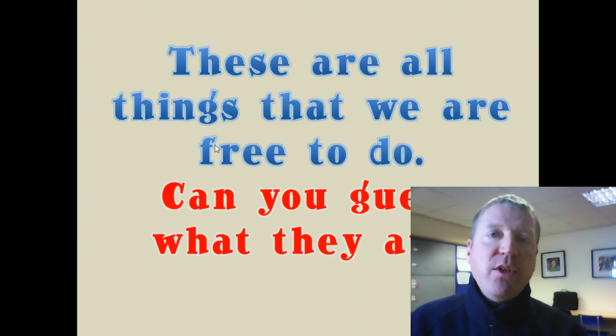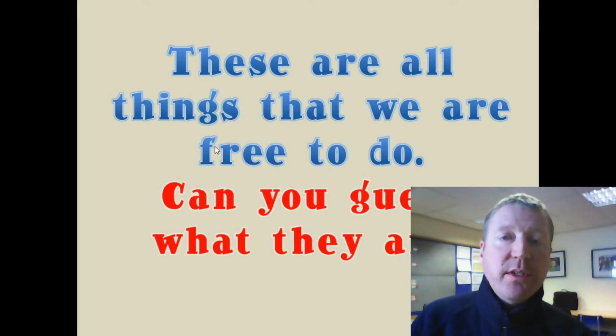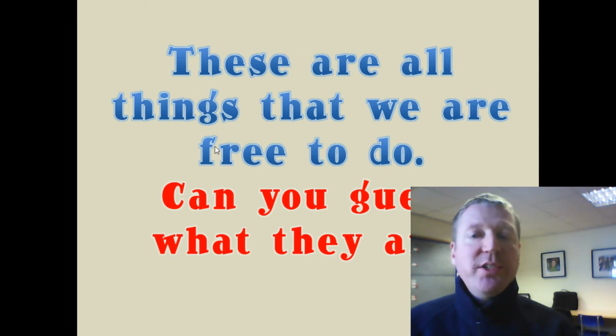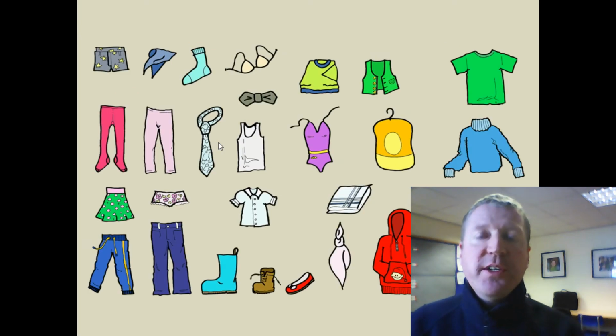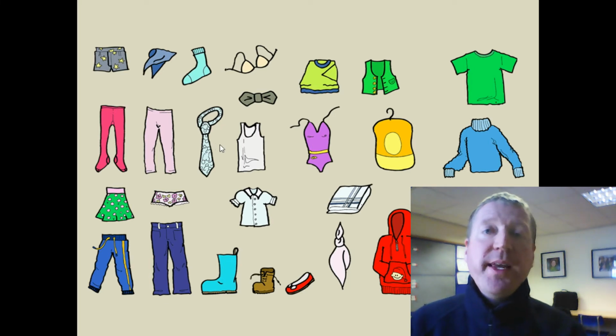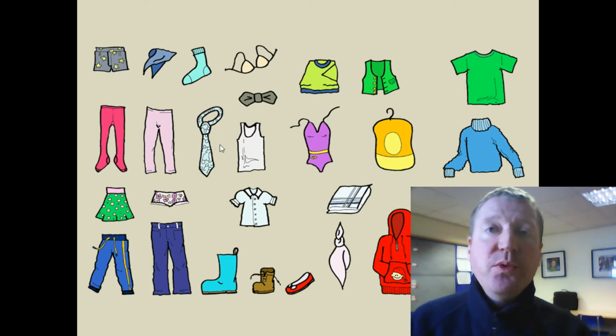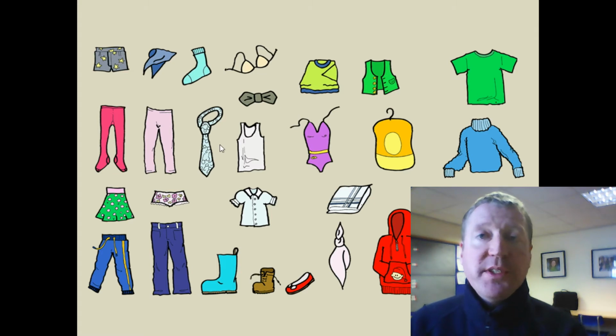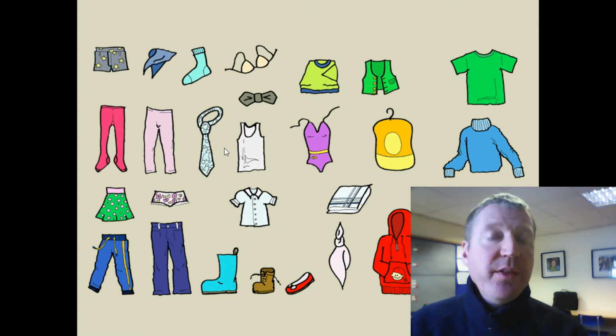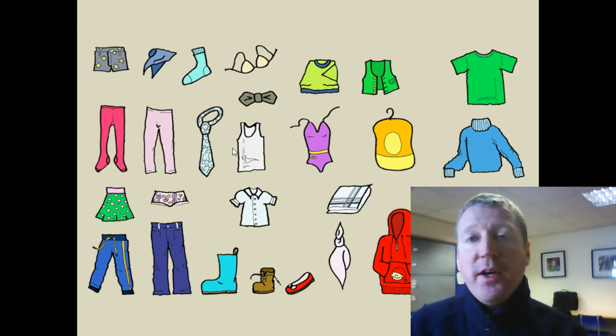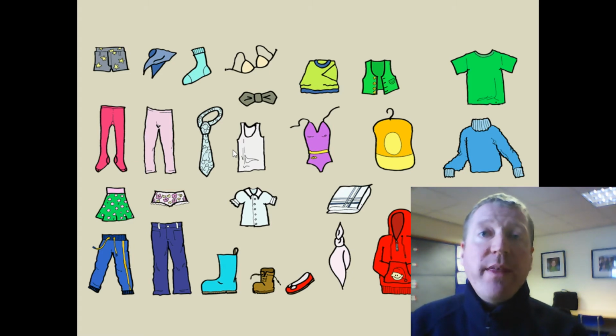So let's have a look at some examples of things that we're free to do, and with each image can you guess what I might be referring to? So here's the first one. Have a look, have a think. So I'm thinking here about how we're free to choose the clothes we wear. We're free to choose the styles, the colours that we wear. We can decide whether we want to wear a t-shirt or a jumper or trousers or shorts in hot weather.